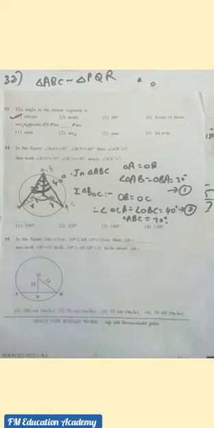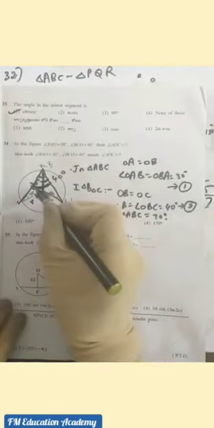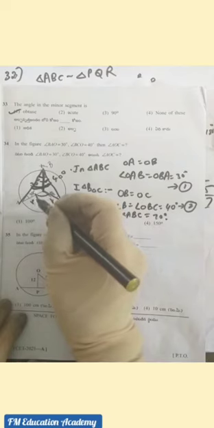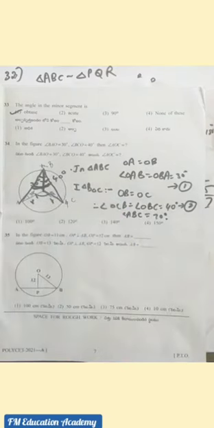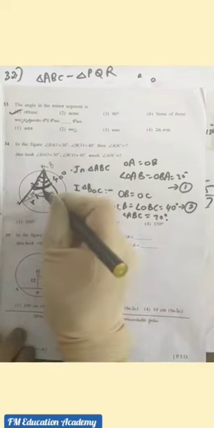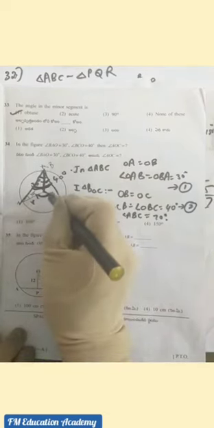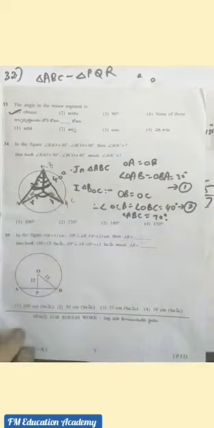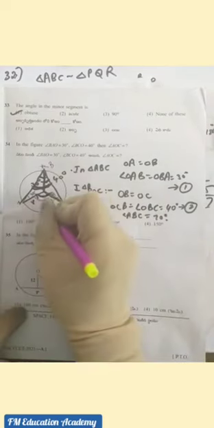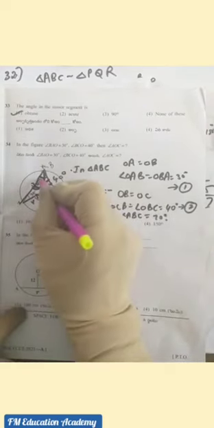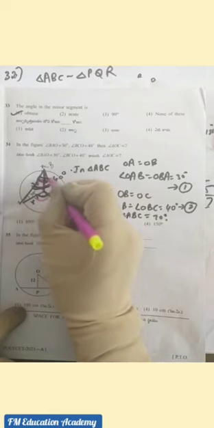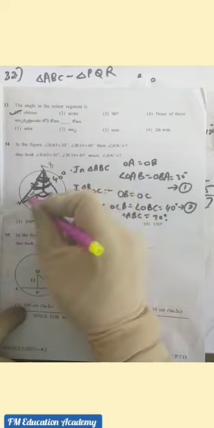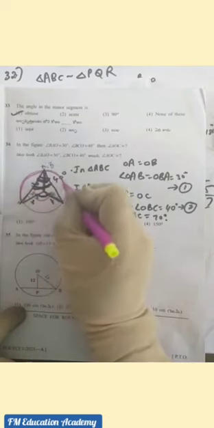Okay, so if this is 70, you know a theorem that the angle which subtends at the center, this only we have to find out now, AOC. The angle which subtends at the center will be equal to 2 times the angle subtending at any point on the arc. Let us suppose this is our arc.